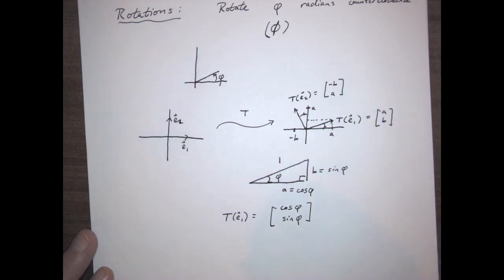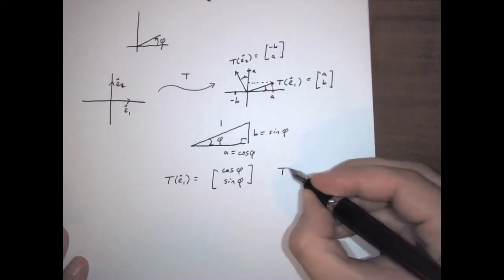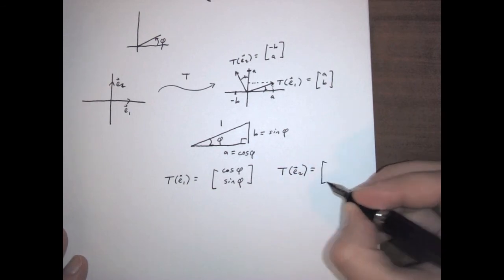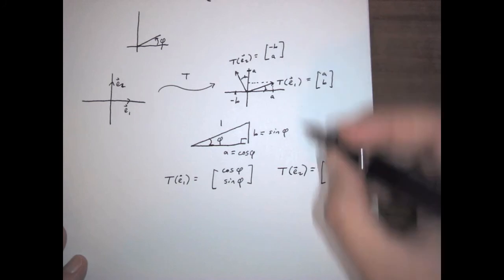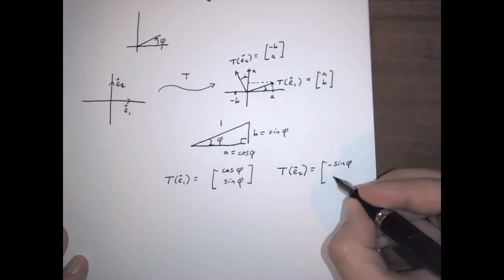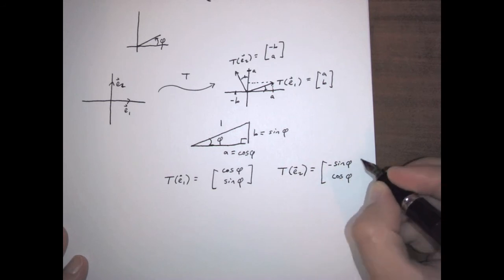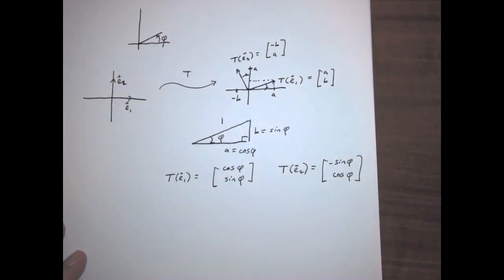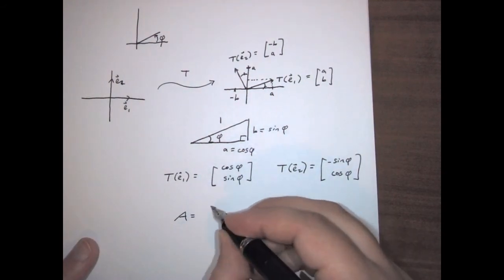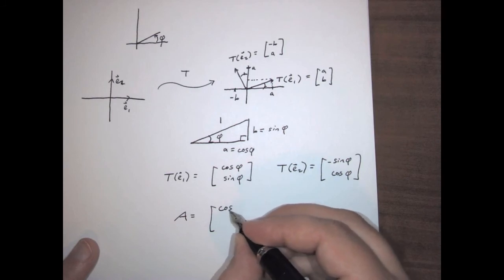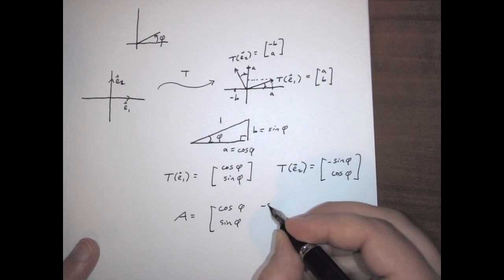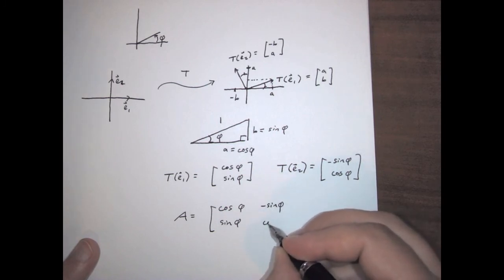Meanwhile, T of E2 will equal, and now it's going to be negative B, so negative sine phi, cosine phi. Which means then that the matrix A is going to look like this: cosine phi, sine phi, so that's the first column, negative sine phi, cosine phi.